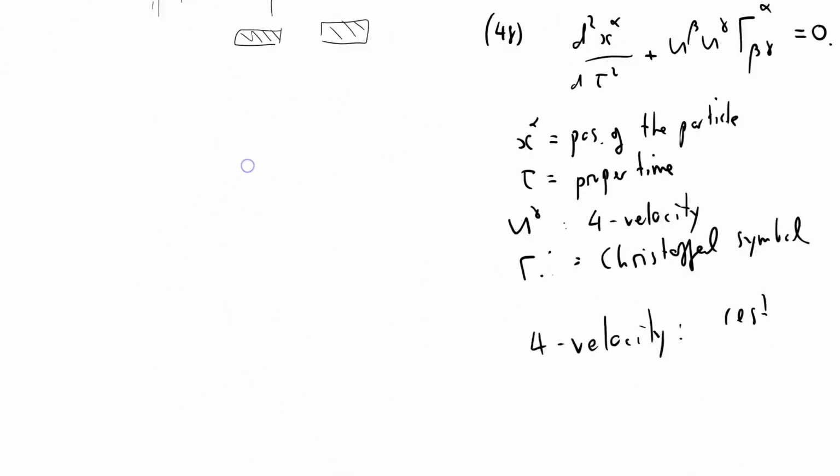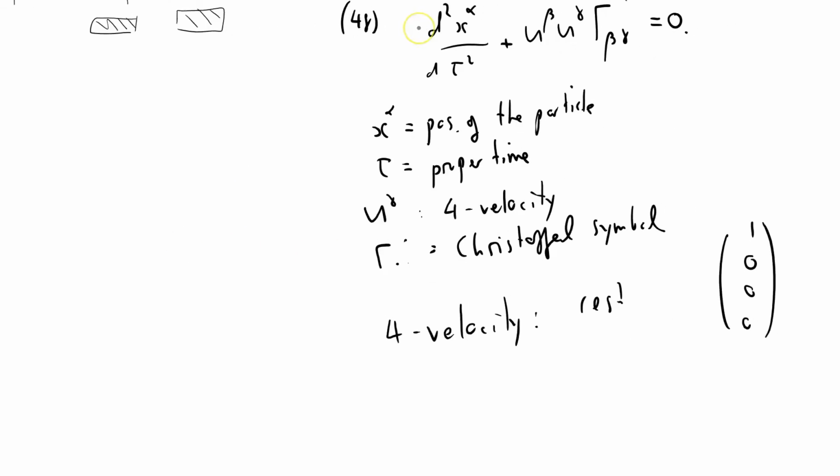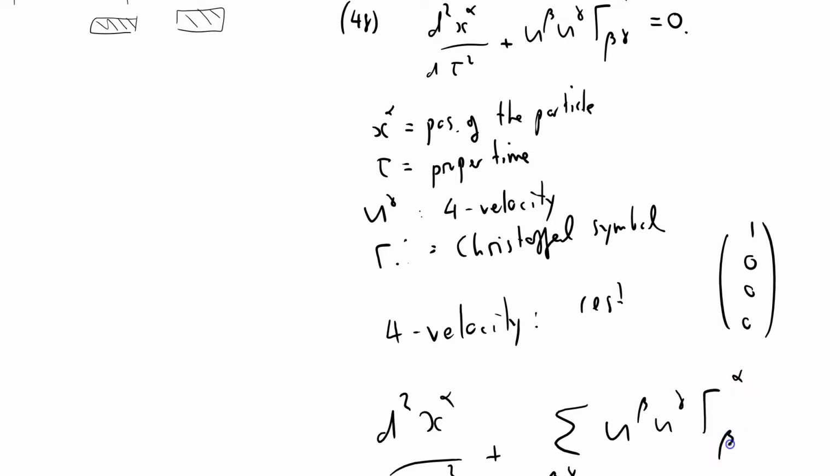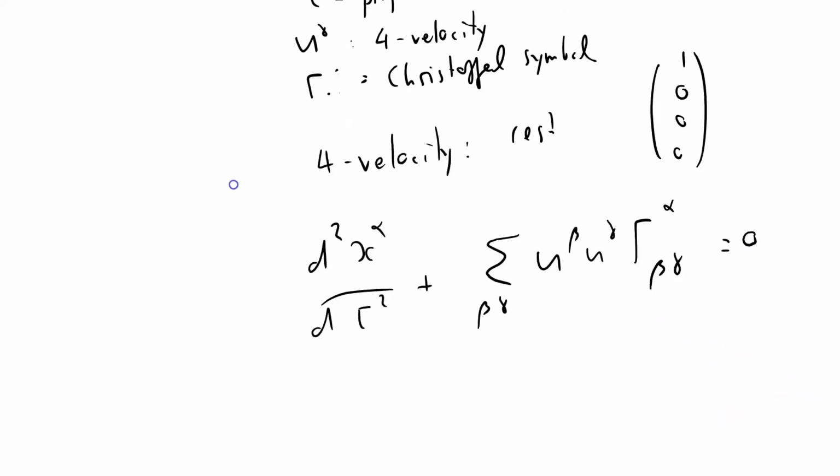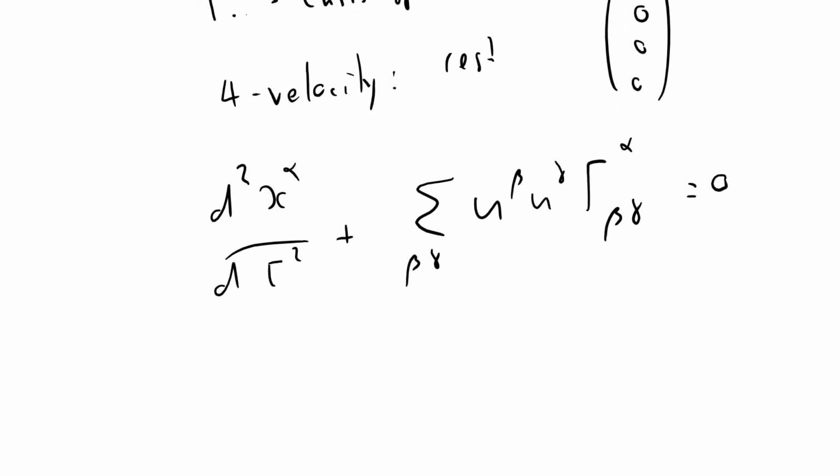So let me recast my equations here. d2x alpha by d tau squared plus the sum over beta and gamma of u beta u gamma Christoffel alpha beta gamma, and the alpha is free here, so it equals 0. So we've got four equations here.